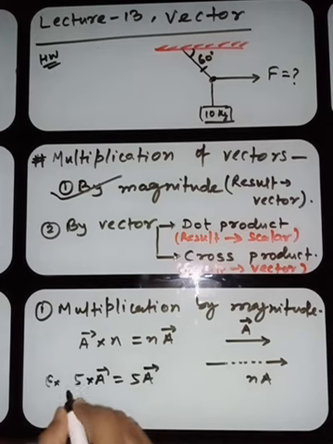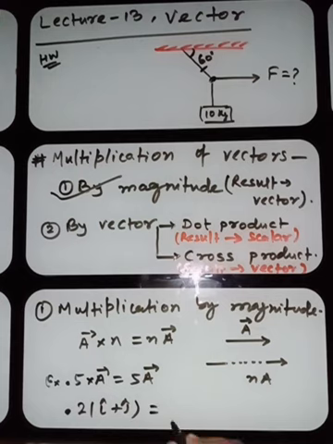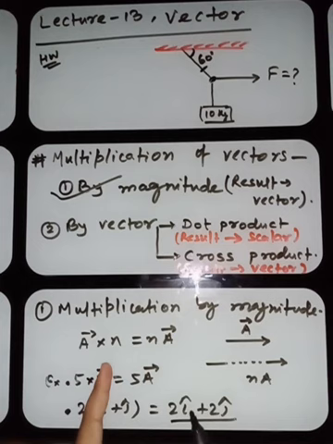The next example, if you multiply 2 by i plus j, what will you get? You will get 2i plus 2j. Very simple, I hope you understand. It means the number is not going to disturb the direction of any vector.